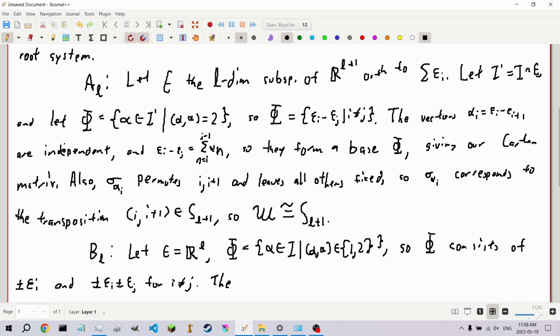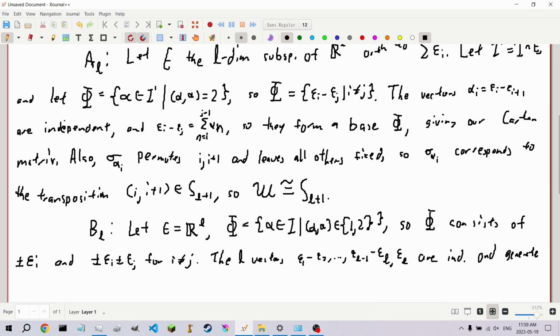This gives us L vectors, e_1 minus e_2 up through e_(L-1) minus e_L, along with e_L itself, which are independent and generate all roots. I don't know if that's the right word in this context, but that's what I'm going with.